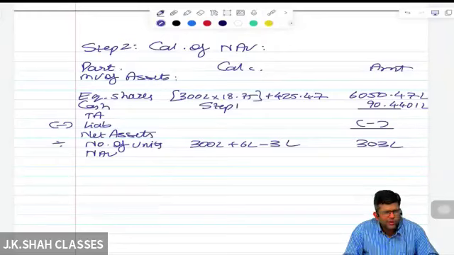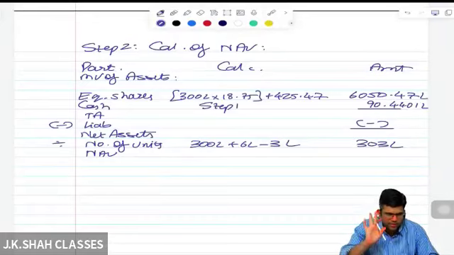300 lakh into 18.75 plus 425.47, 6050.47. Cash as per step 1, 90.4401 lakh.